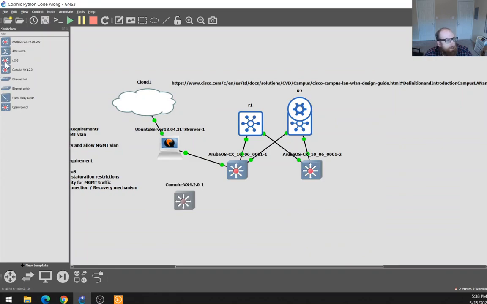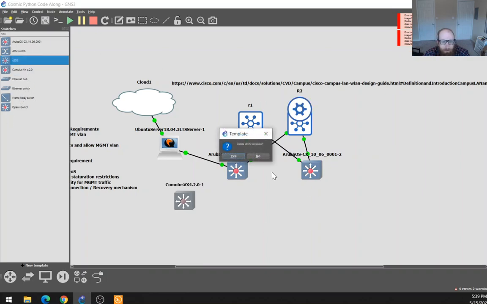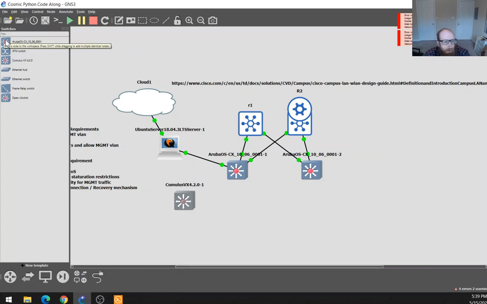Yeah, if it's just a Docker container, then it comes with... oh shoot. That did not work at all. I wish the Cumulus would work.